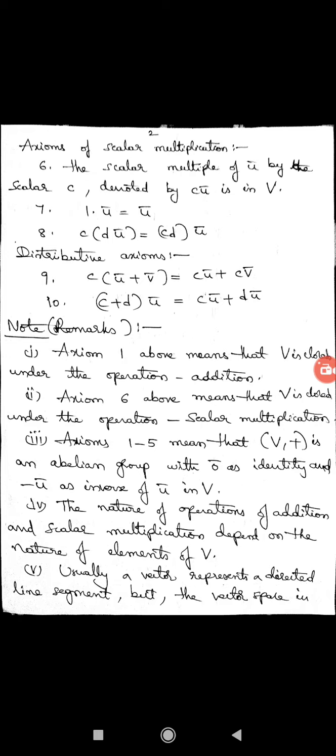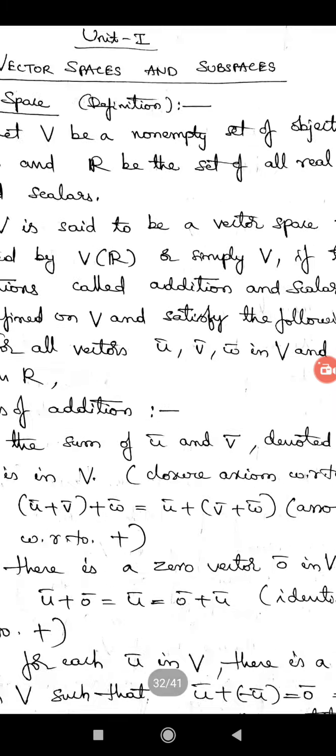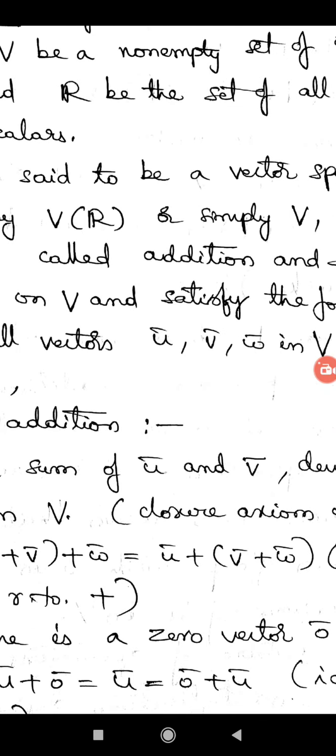So if these 10 axioms are satisfied in a non-empty set V of vectors over another set of scalars which is R, then we say that the set V over R is said to be a vector space, and we denote it by V over R.